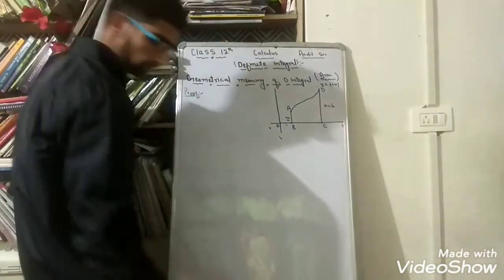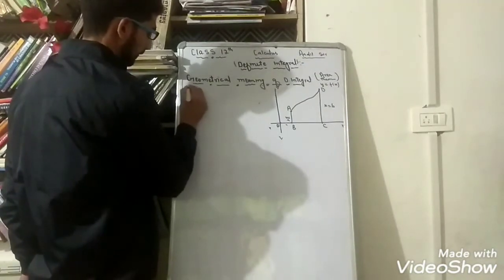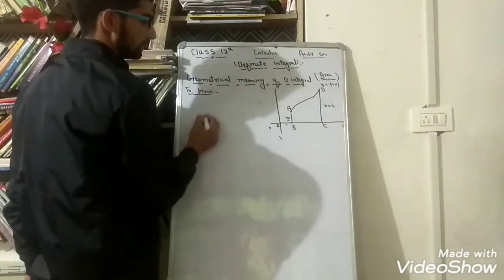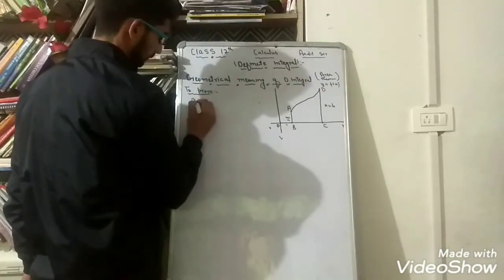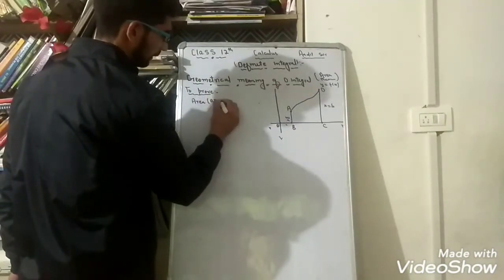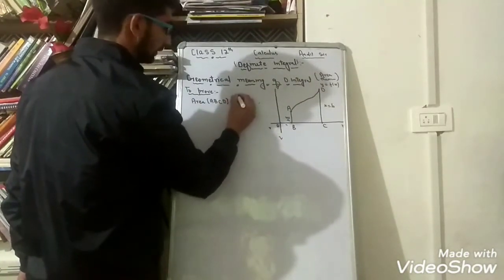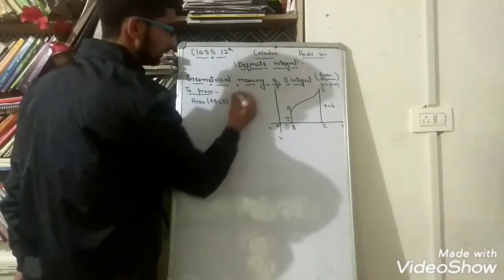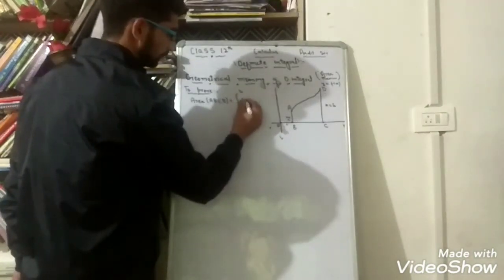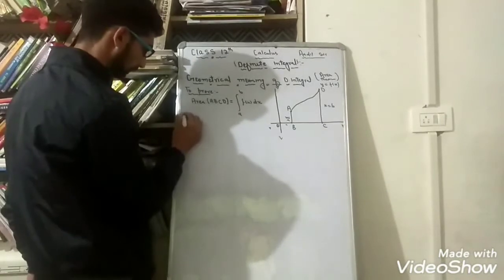So I will write here first to prove, what we have to prove, that is area of this ABCD is equal to integral of A to B, from this one to this one, f of x dx. This I have to prove. So I will write now prove.